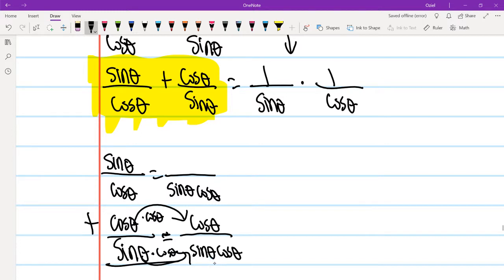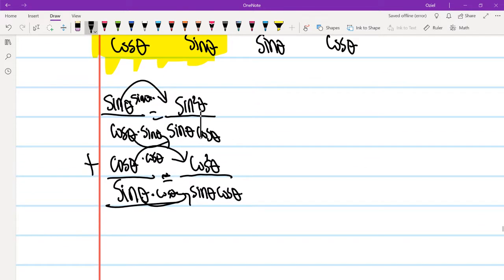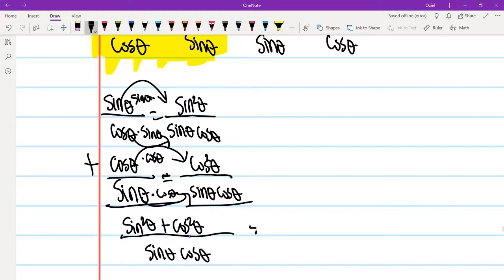So you would say cosine squared of theta, and then you would do times sine of theta right here, and then sine squared of theta, and lastly you would get sine squared of theta plus cosine squared of theta over sine of theta cosine of theta is equal to 1 over sine theta cosine theta.